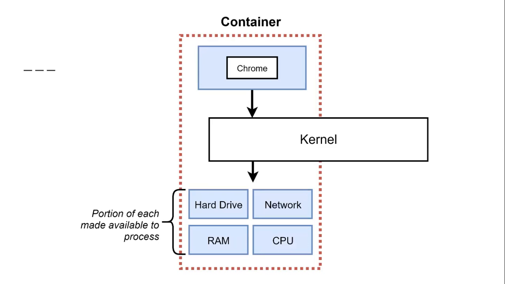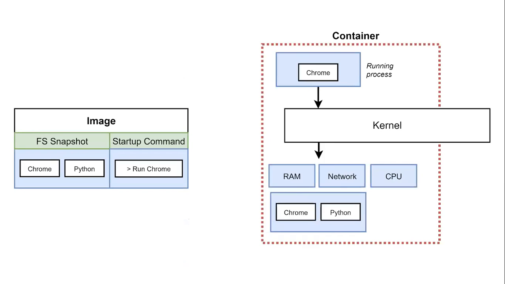It will not communicate with other containers. And whenever you try to run this application, suppose you want to run Chrome, you run this command, run Chrome. So it will run the container with its existing resources.